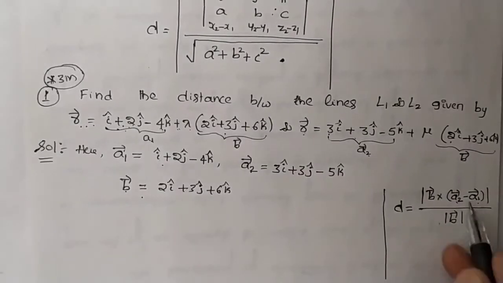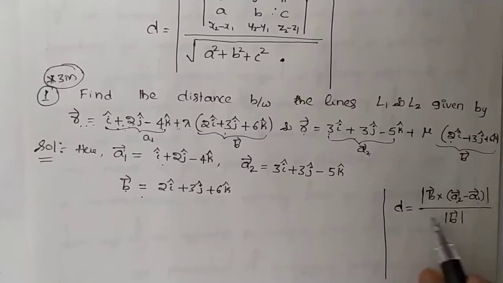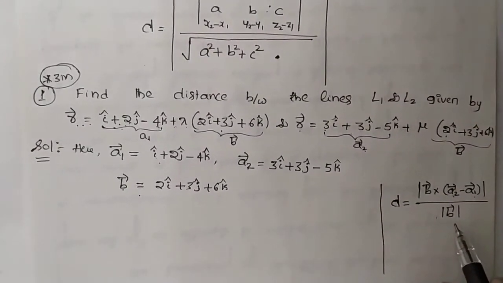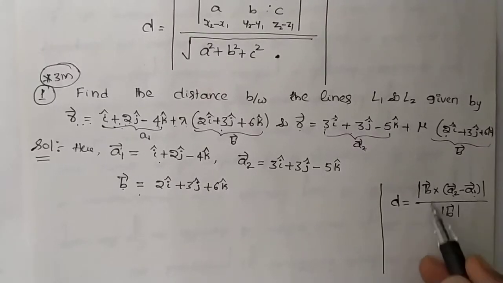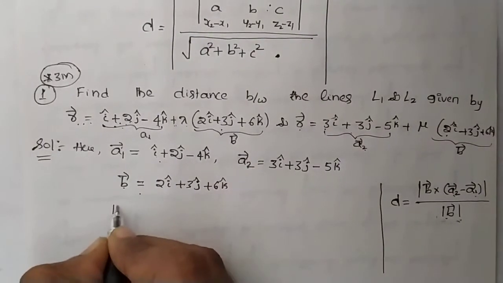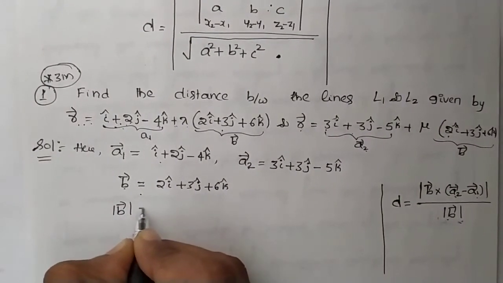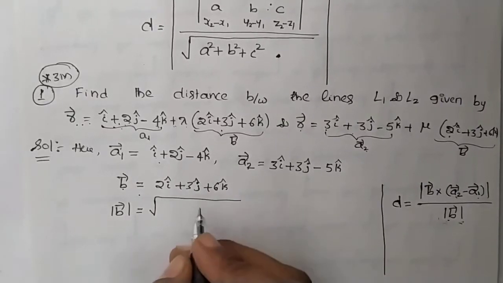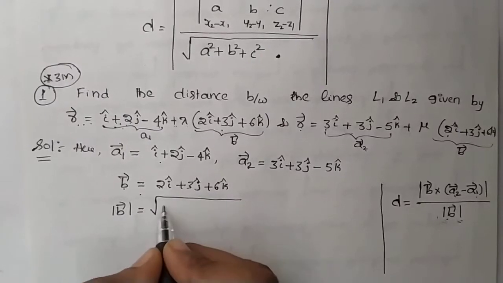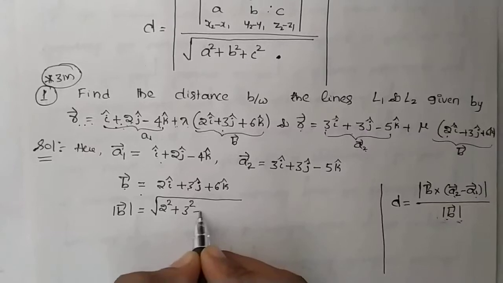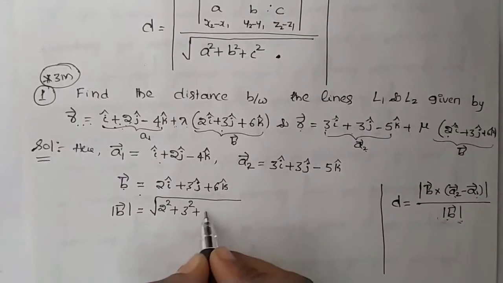Now we have the formula, and we need to substitute the values. First we need the magnitude of b vector. The magnitude of b vector is the square root of i component square plus j component square plus k component square.